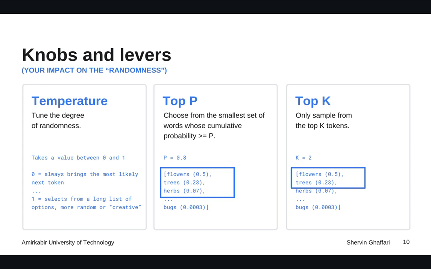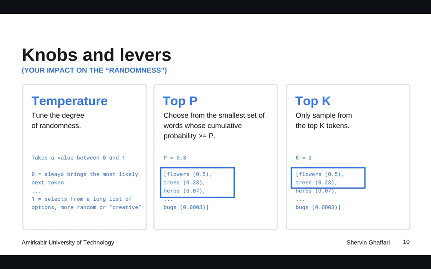If you want to know how temperature makes the model more creative, you should think about the last layer of these models. In the last layer, there's a decoder using an MLP. After that, we have some logits. These logits are divided by temperature.